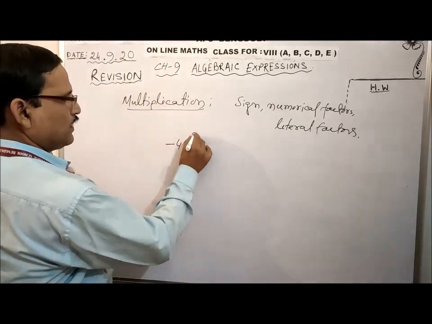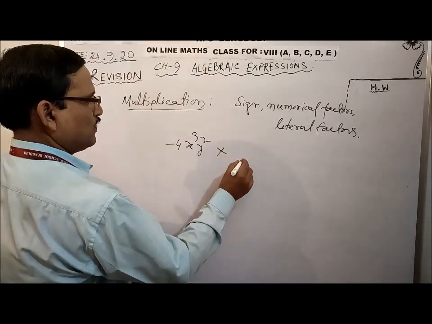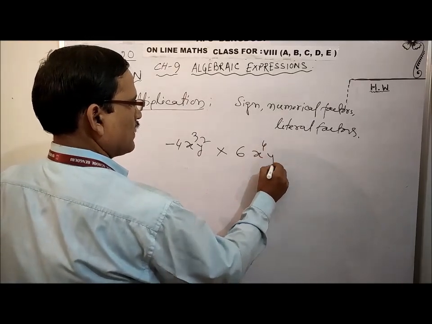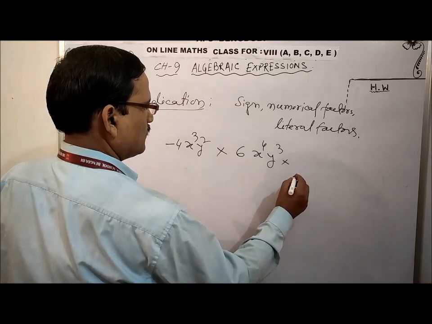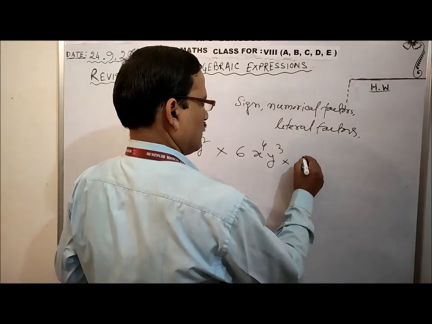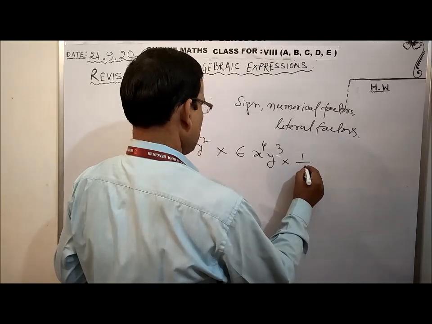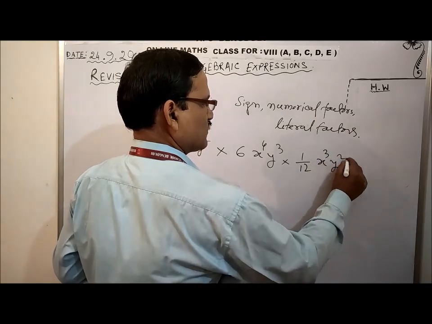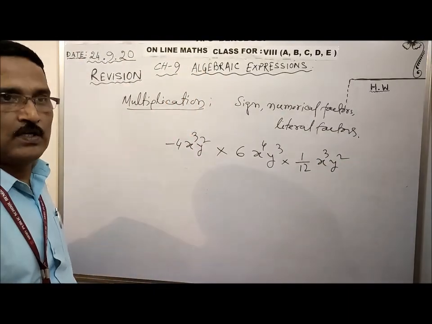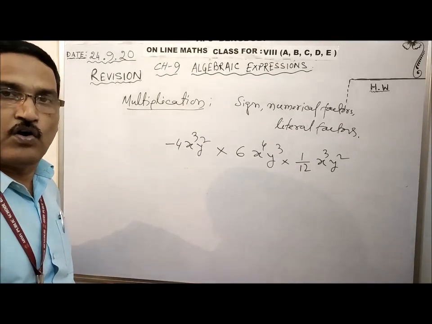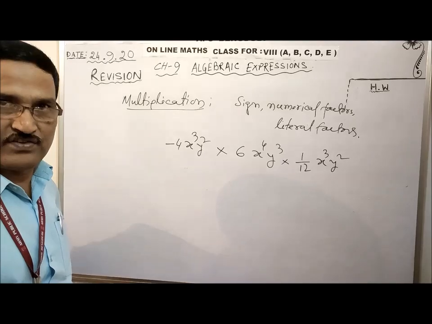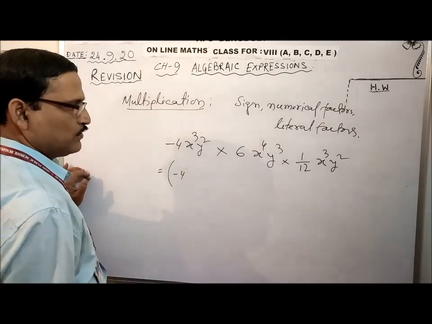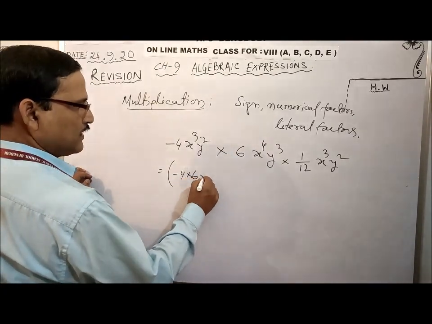Say minus 4x cube y square into 6x^4 y cube into 1 by 12 x cube y square. What to do? The technique is to write down all the numerical factors, the coefficients, together. So this is minus 4, this is positive 6, and this is 1 by 12.